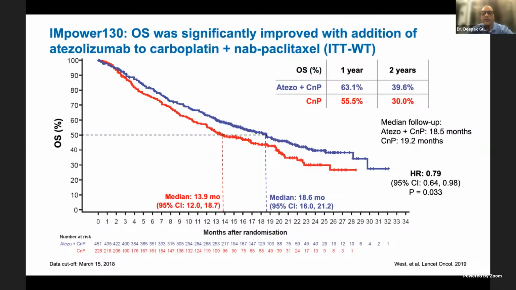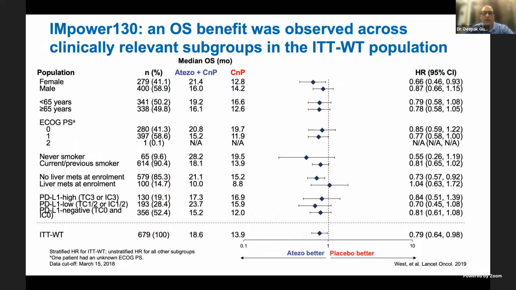OS was also significantly improved with the addition of Tecentriq to nab-paclitaxel and carboplatin. Median follow-up was 18.5 months and median OS was 18.6 months with atezolizumab versus 13.9 months with chemotherapy. OS benefit was also observed across clinically relevant subgroups, as in the PFS.